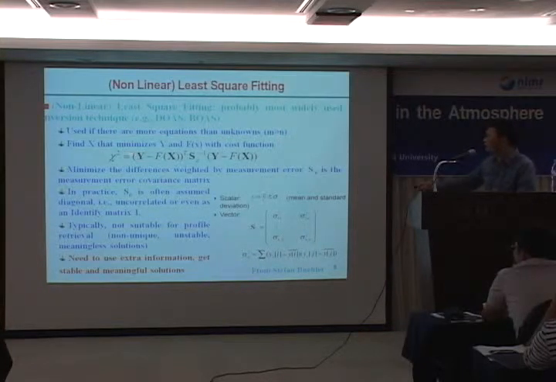So here we're trying to minimize the difference between the measurements and the forward model with a cost function like that. Here we're trying to weight different measurements according to the measurement covariance matrix.